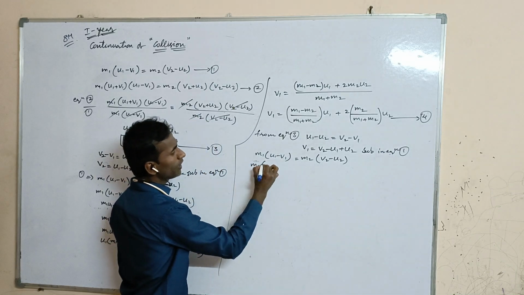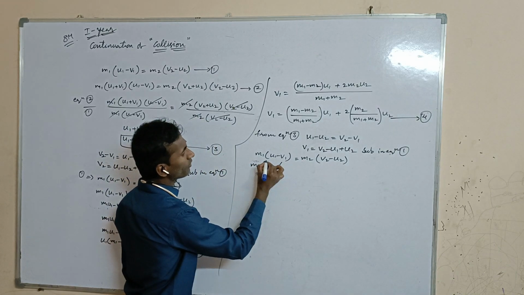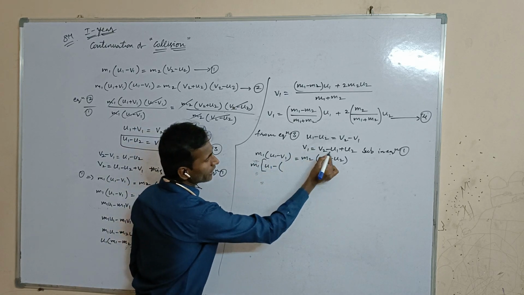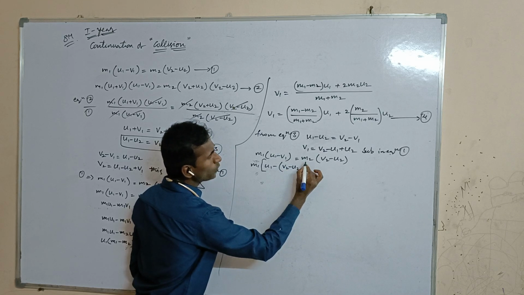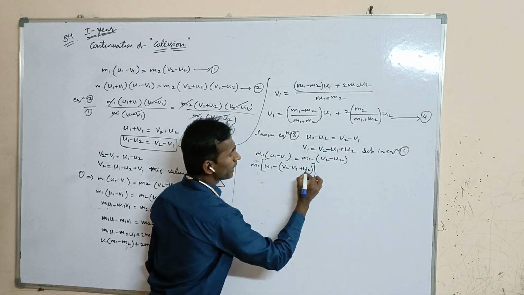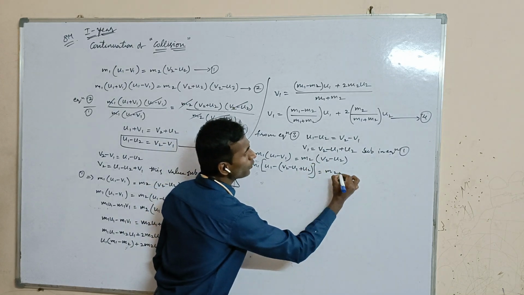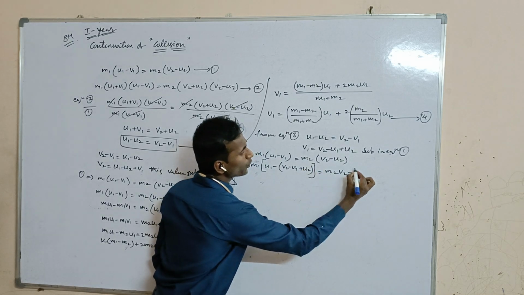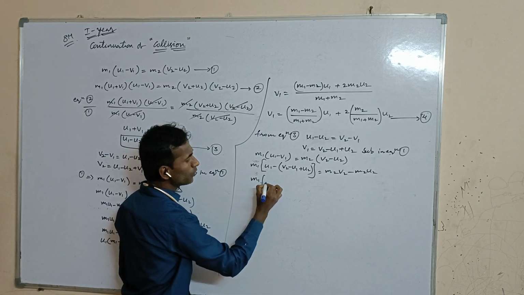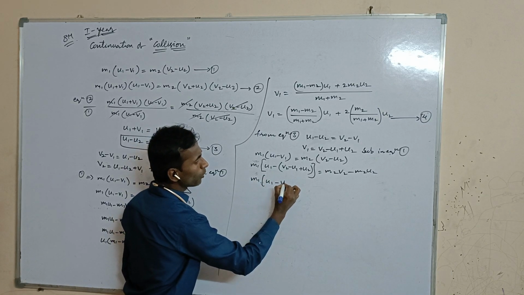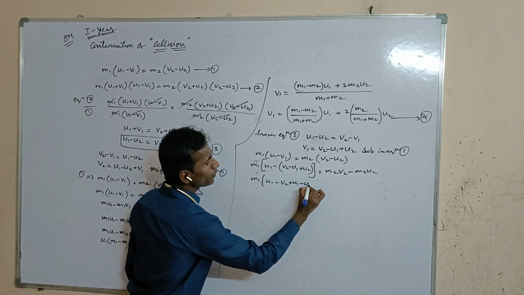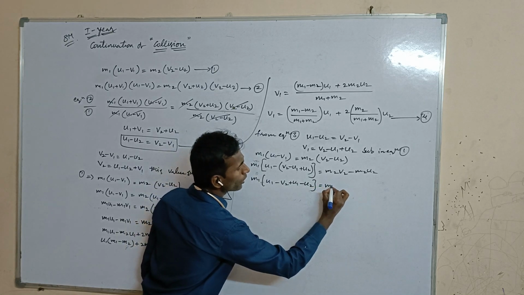Then m1 into u1 minus, because the v1 value is v2 minus u1 plus u2, is equal to m2 v2 minus m2 u2.